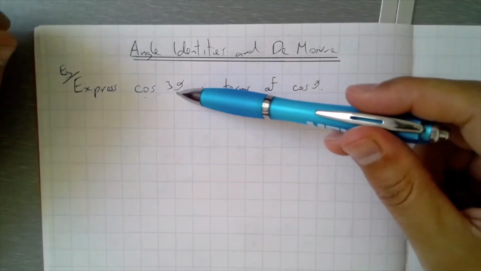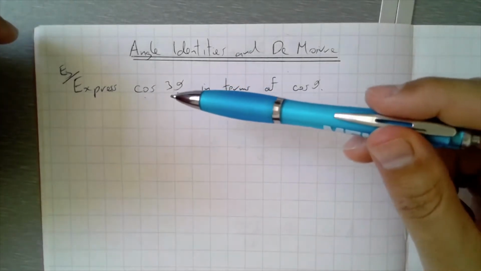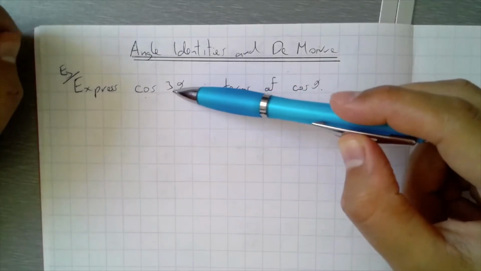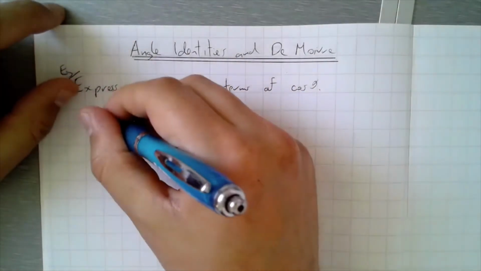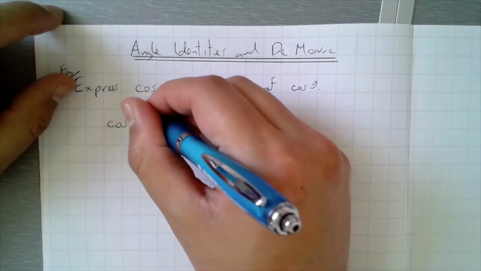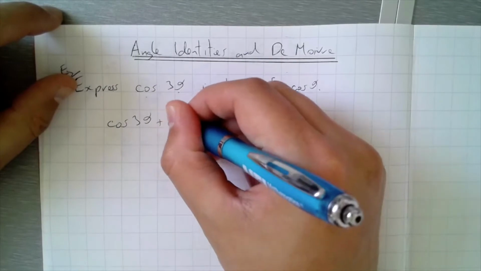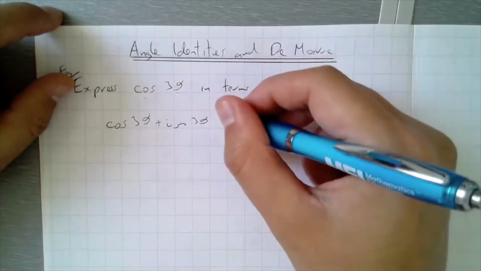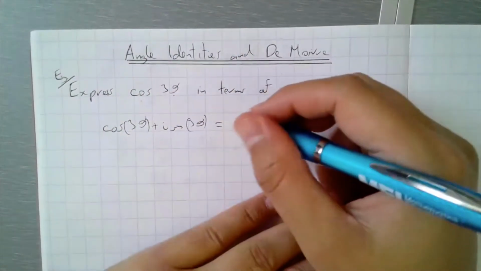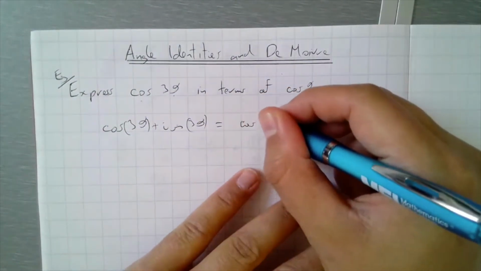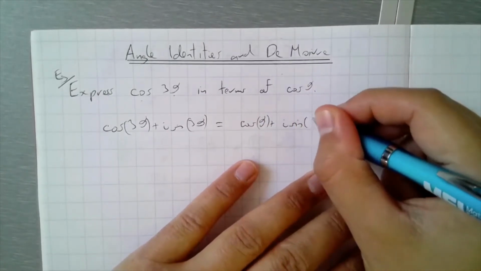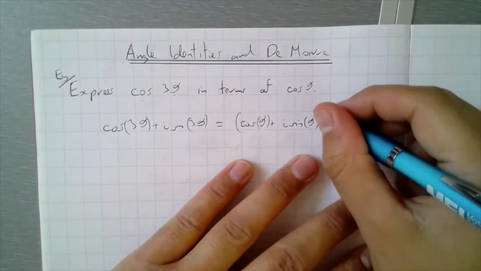So instead of attacking the question head on, what we're going to do is think, okay, well, if we've got cos 3 theta, then the thing that might help us here is cos 3 theta plus i sine 3 theta is equal to, well, using de Moivre's theorem, de Moivre says that this is the same as cos theta plus i sine theta, all cubed.